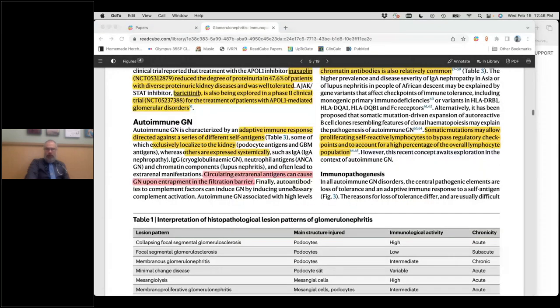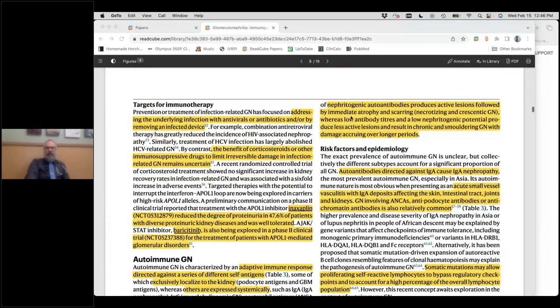They talk about these nephritogenic autoantibodies, and depending upon the titers, you can have both acute GN or chronic and slowly progressive GN.